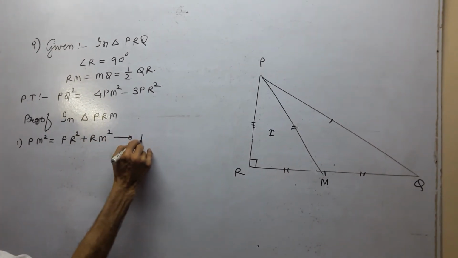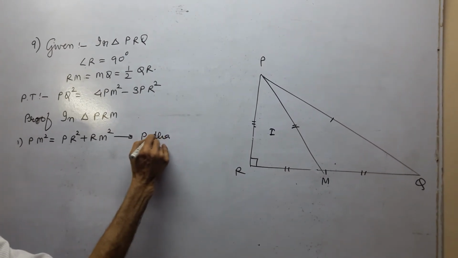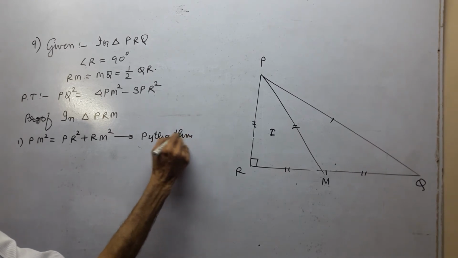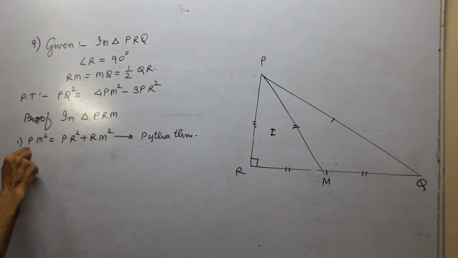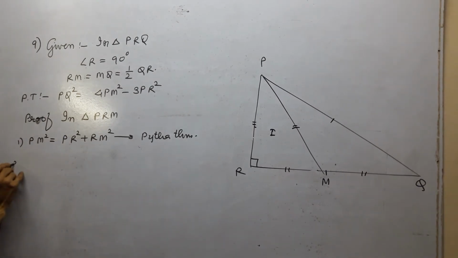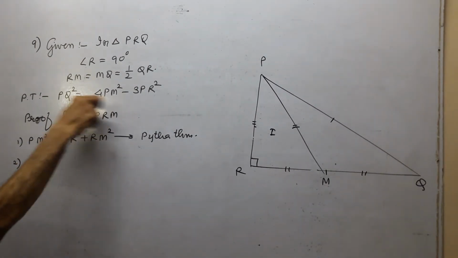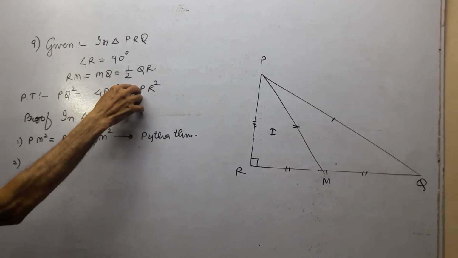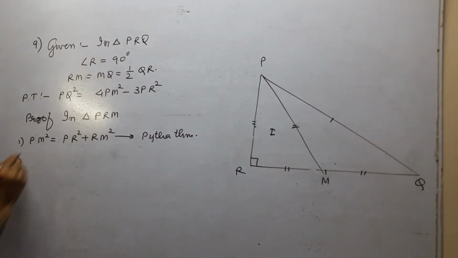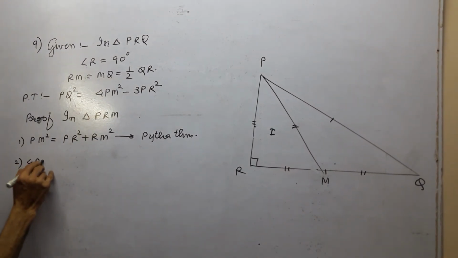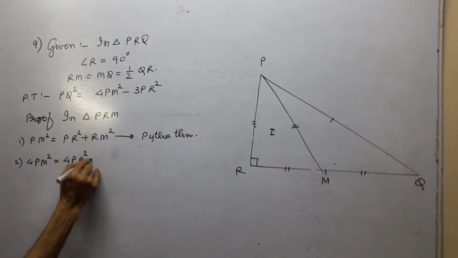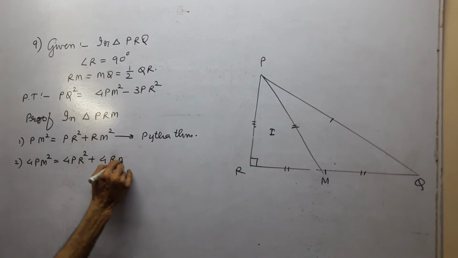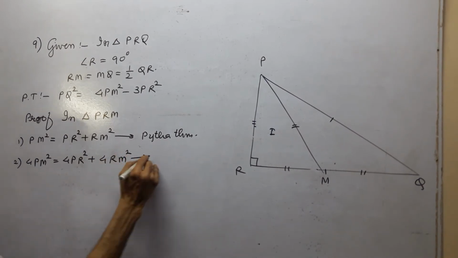Why? Pythagoras theorem. But you find that 4 PM square is in the statement, so let's multiply by 4, because we want 4 PM square in the statement and we have to go according to the statement. So 4 PM square is equal to 4 PR square plus 4 RM square.